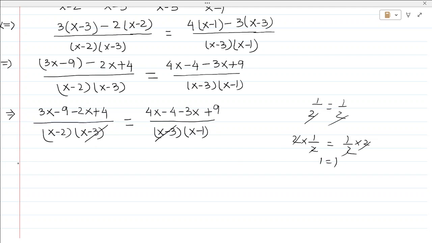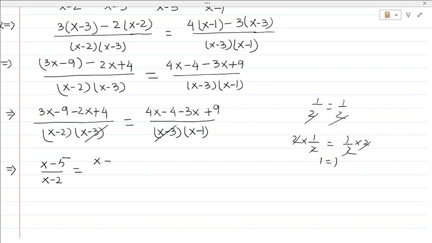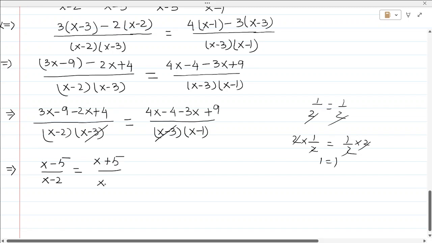So in the numerator side what we have, 3x minus 2x we get x, and minus 9 plus 4 we get minus 5 upon x minus 2 is equal to, this side we get x plus 5 upon x minus 1.